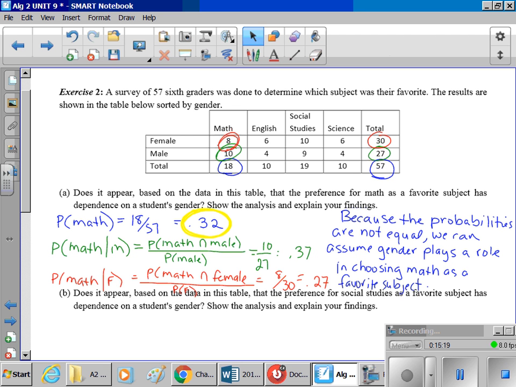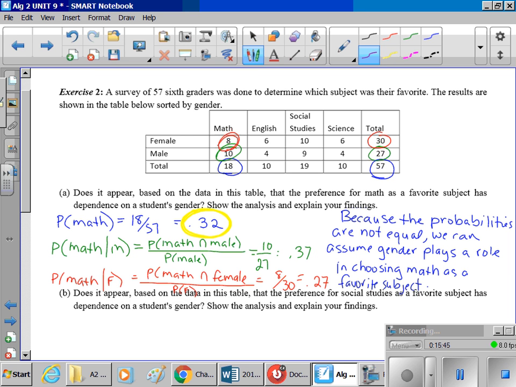probability of math given male and the probability of math given female are not equal to the probability of math, then math is dependent on gender. You know, you can use a little bit of the wording. If you never know what to do, I always tell you, go back to the wording, all right?